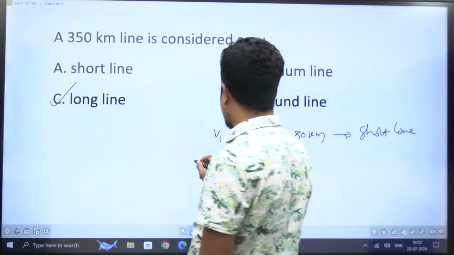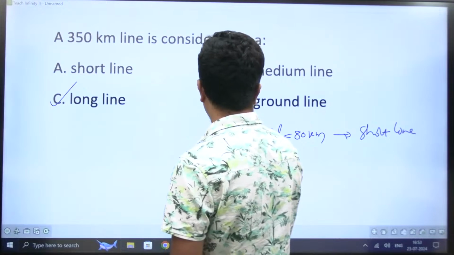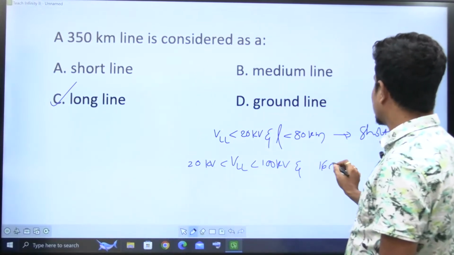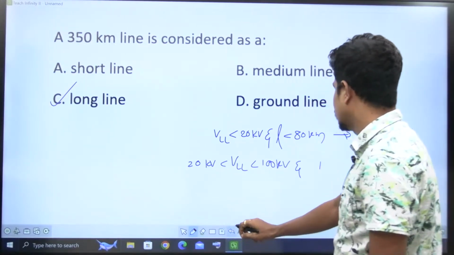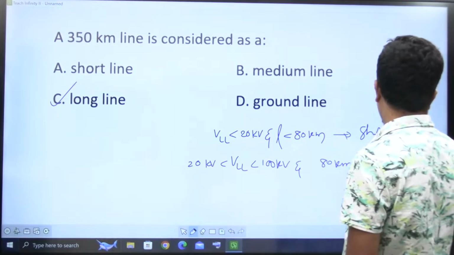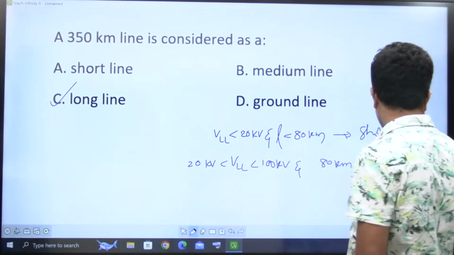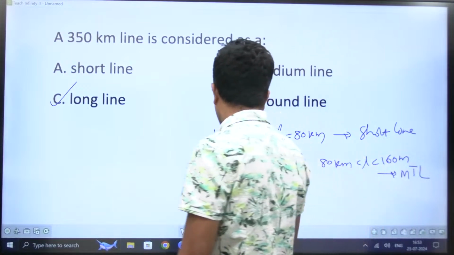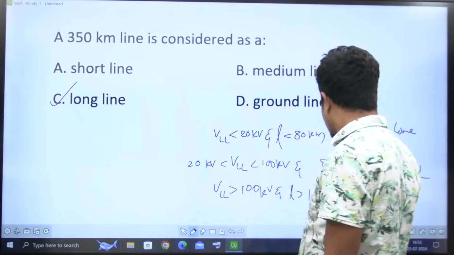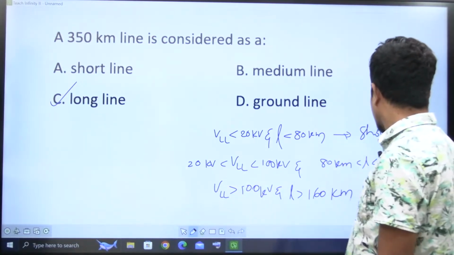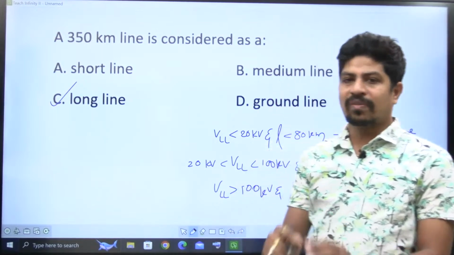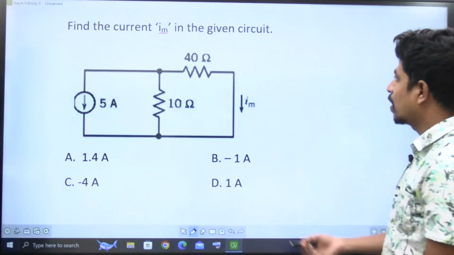If voltage applied is more than 20 kV and less than 100 kV, and length is greater than 80 kilometers but less than 160 kilometers, that is a medium transmission line. If voltage applied is greater than 100 kV and length is greater than 160 kilometers, then it is called a long transmission line, right? That is the perfect definition of this transmission line classification.